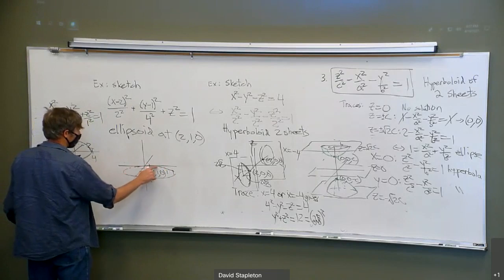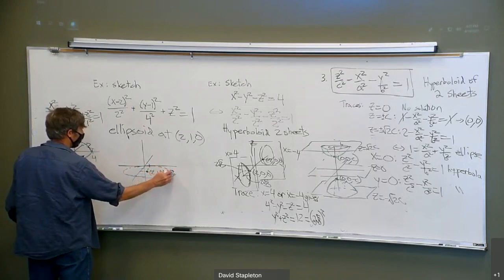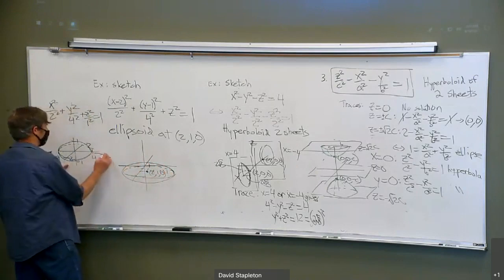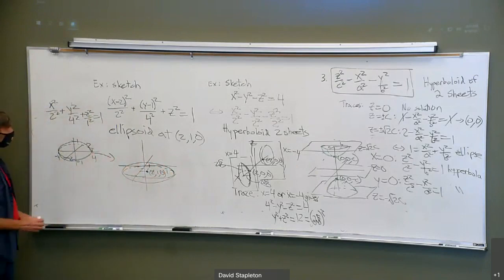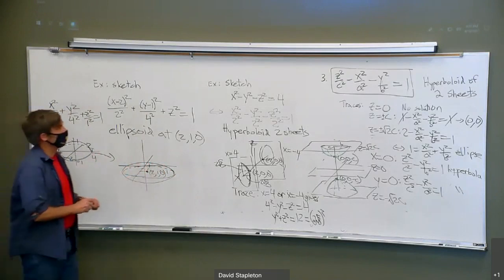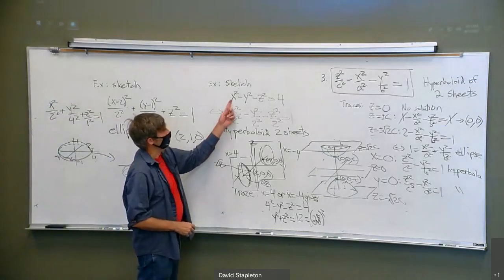Make it dotted because it's going to be back. Pointing in the z direction. I draw exactly this picture, just shift it over so that the center is at 2, 1, 0, and that's it.